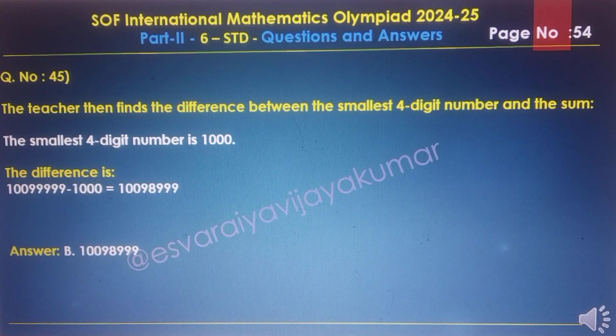The teacher then finds the difference from the smallest 4-digit number, 1000. Subtracting this value from 10,099,999, we get the final answer, 10,098,999.